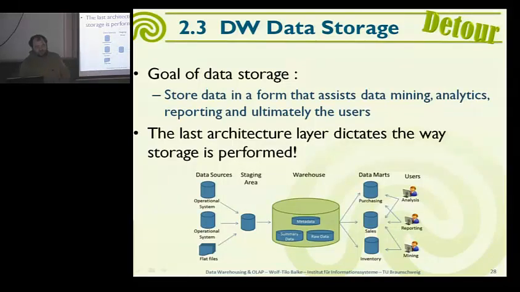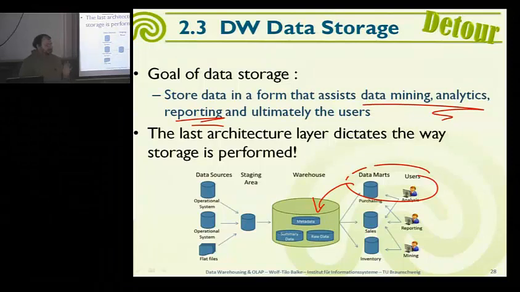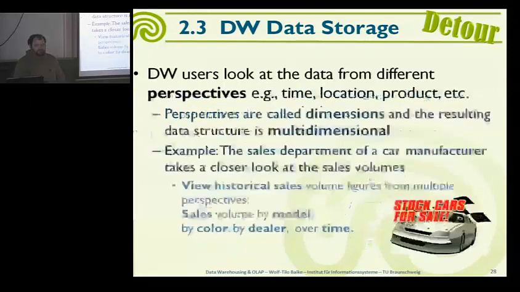Only that here the idea is that you need to store the data in such a way that it aids data mining, data analysis, reporting tasks, right? So these are different kinds of queries, right? This is special. So what happens here should reflect on how it is stored here, right? This is the basic idea.